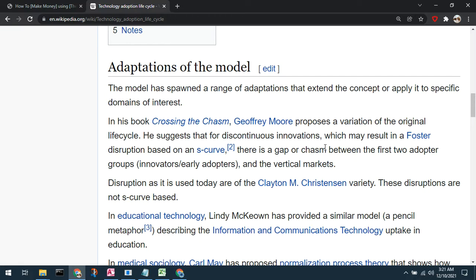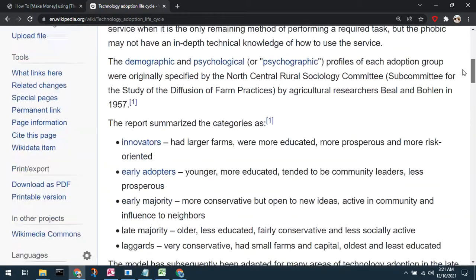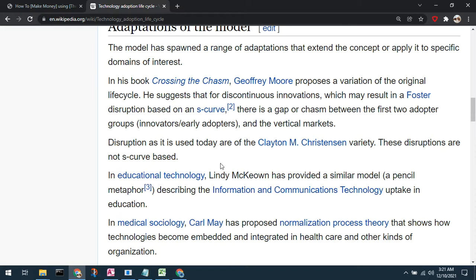The chasm is a gap between the first two adopter groups, innovators and early adopters. We'll show a graphic in a second on where that chasm is and what it means to have that chasm between the first two groups.